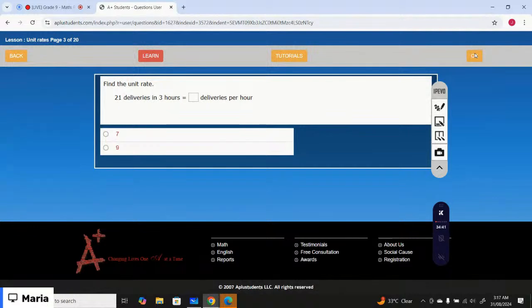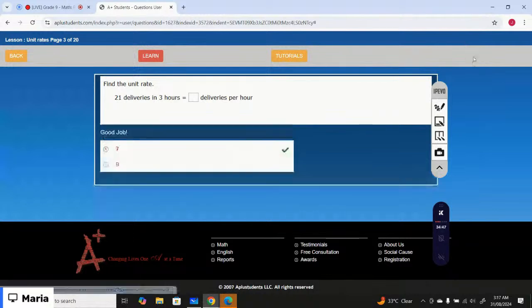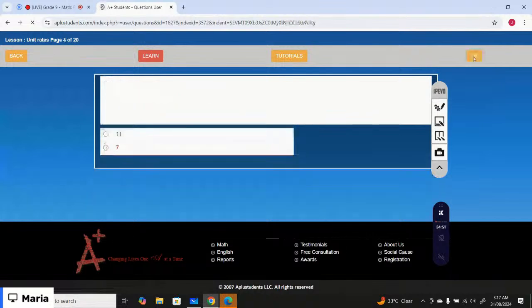That is 3 times 7 is 21. So the correct option is 7 deliveries per hour. Very good. Okay, find the unit rate: 44 orders in 4 days.